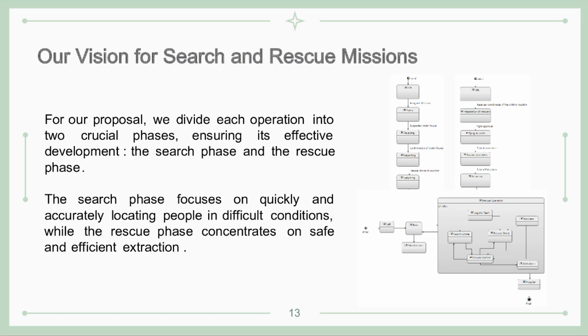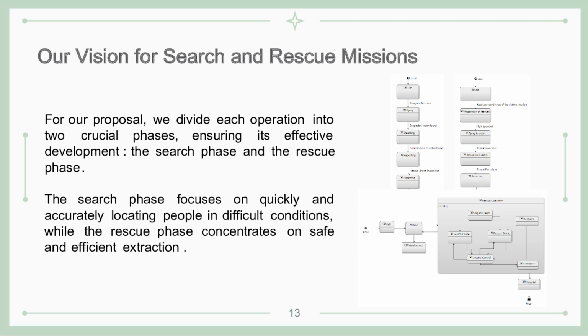This is where tools like drones, sensors, and mapping technologies come into play, reducing the time scanning large and dangerous areas. Once the location is confirmed, we move on to the rescue phase, which focuses on safely extracting victims.